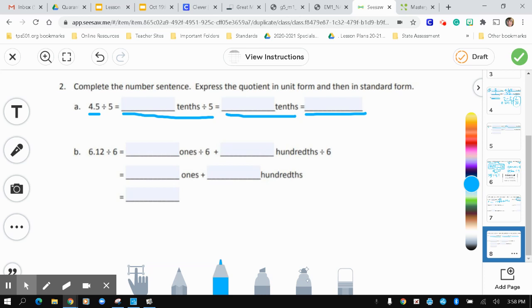Down here it's a little bit trickier because they separated the ones and the hundredths. So we need to know how many ones are in this number, how many hundredths are in that number. Both of them are going to end up getting divided by 6, just like our original one, but they're being brought together with that addition symbol. So here and here, you add them together, and then your final product goes here.